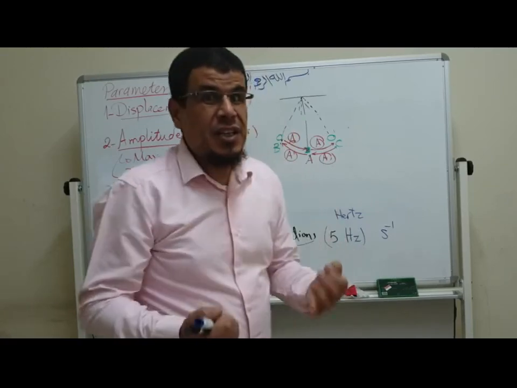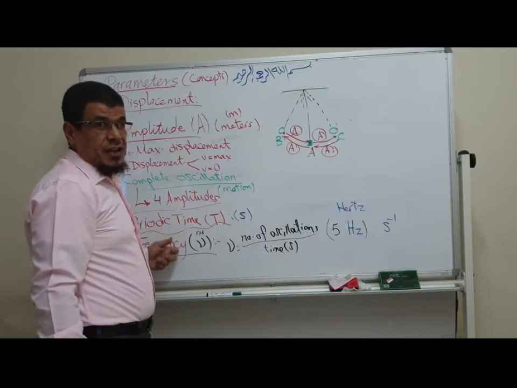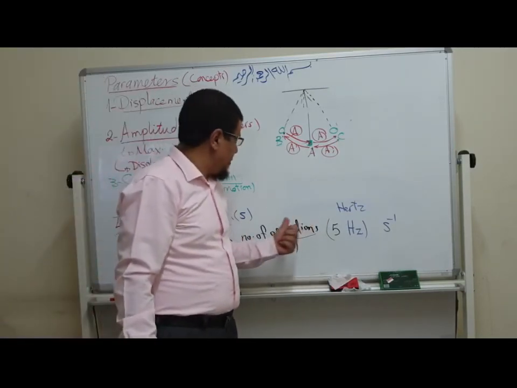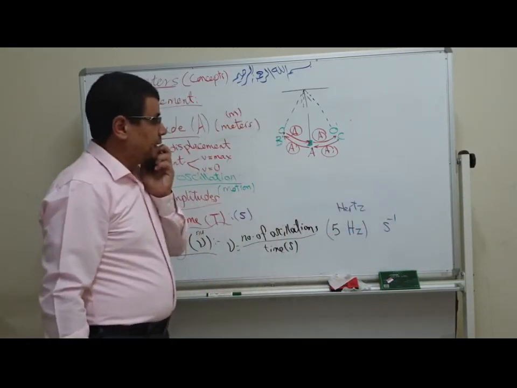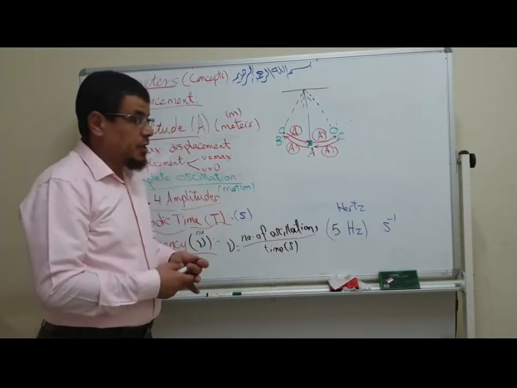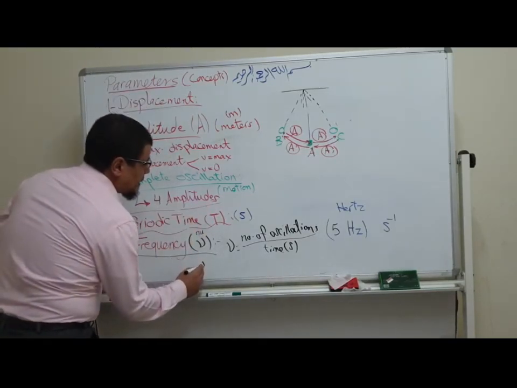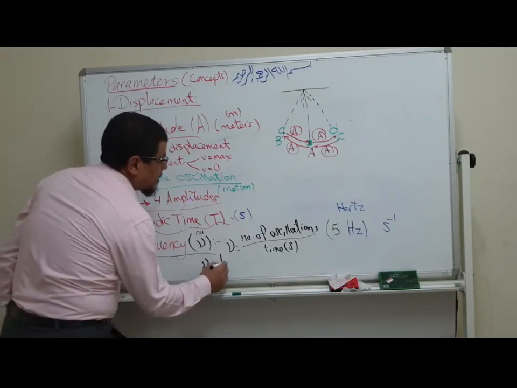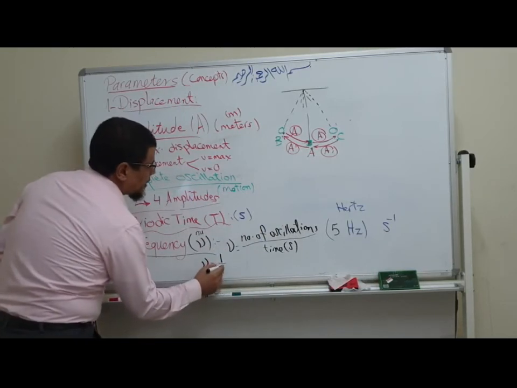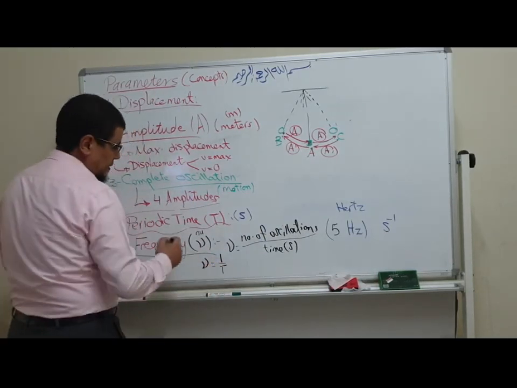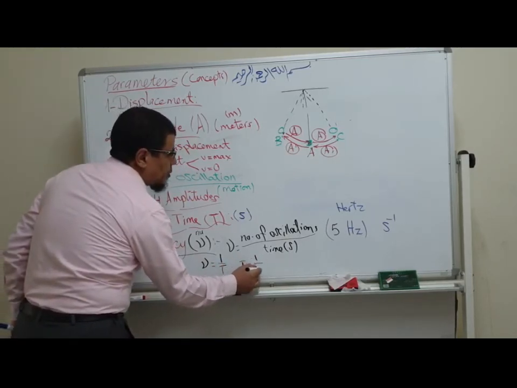So what is the relation between the frequency and periodic time? Do we have a relation between them? Yes, teacher, you said here second, and here second power negative 1. So we have a relation here. Look at it and you can get it. The frequency equals the inverse of the periodic time, or the periodic time equals the inverse of frequency.